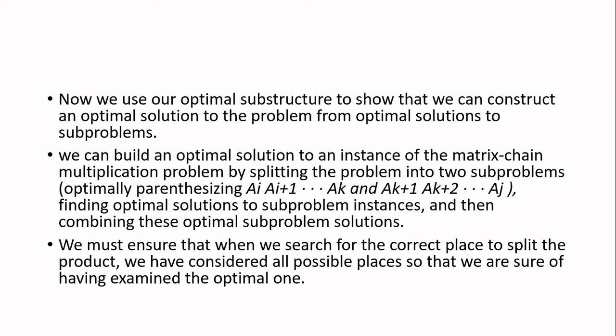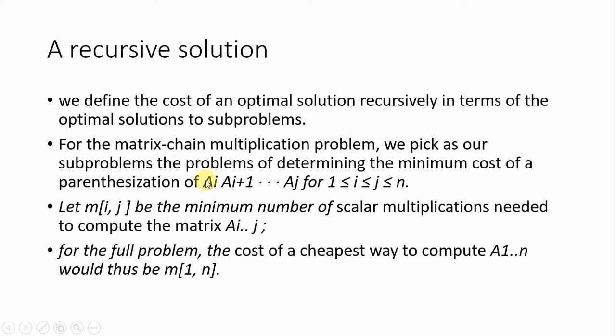That is the optimal substructure. So this will be the structure of the optimal solution. When you consider the subproblem, that parenthesization should also be optimal. So for the whole problem the parenthesization should be optimal, and for each subproblem the parenthesization should be optimal.